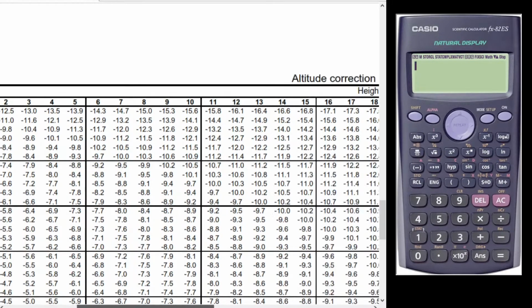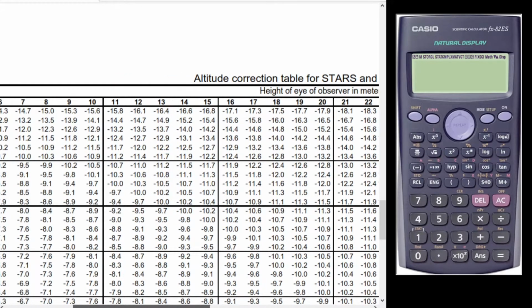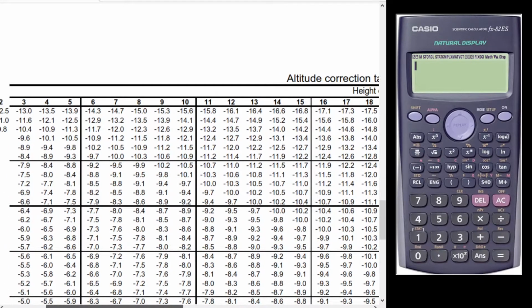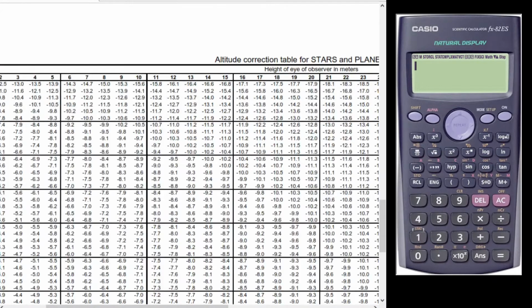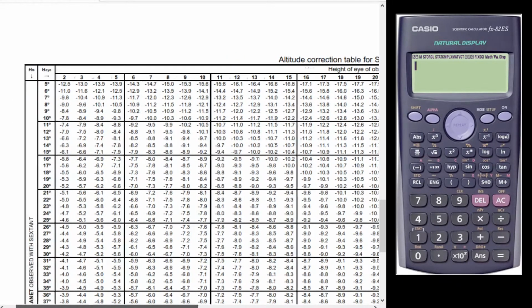So the top row is height of eye of observer, and we need 16. And on the left we need 30. So let me see how can I get 16 and 30 on the same page? This will work. Let's take a screenshot of this. Okay, back to Word.